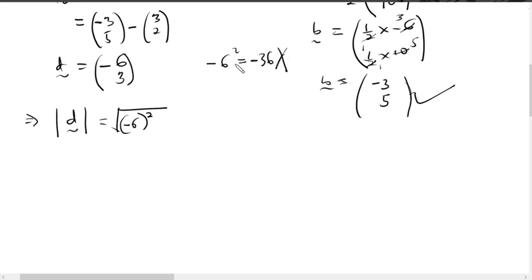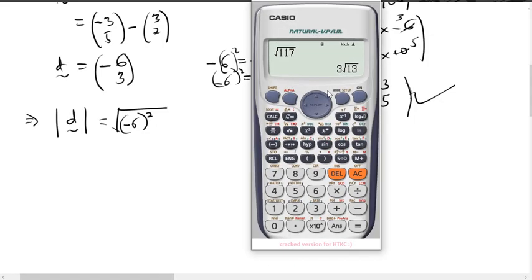But if you put negative 6 in brackets and square it, the calculator will give you the correct answer, positive 36.